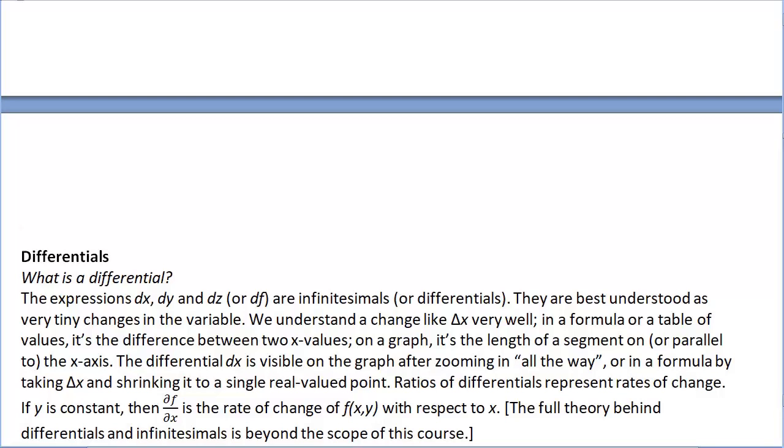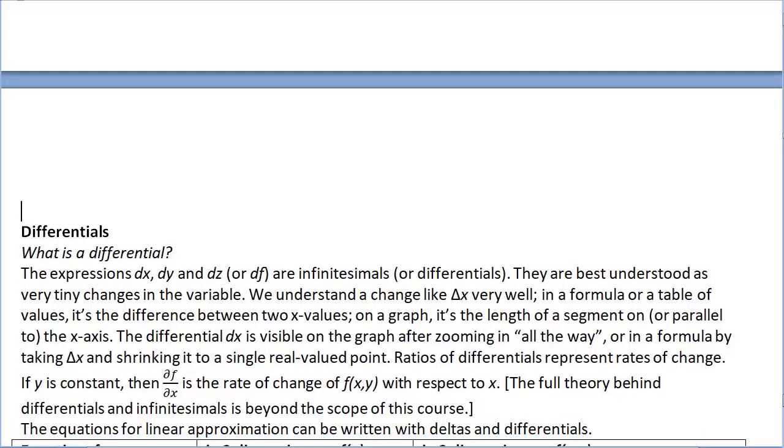Okay. So now that we understand a little bit about what we mean when we say differentials in general, all these d expressions, the equations for linear approximation can be written with deltas and differentials. Let's see what that gives us.